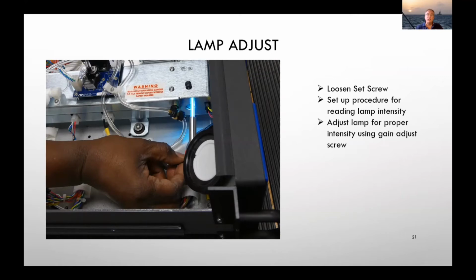Then you would adjust the lamp for the proper intensity using the gain adjustment screw. If necessary, you may need to adjust the lamp position. This is referred to as peaking the lamp. This tends to be more of a coarse adjustment, but it may occasionally be necessary as well.